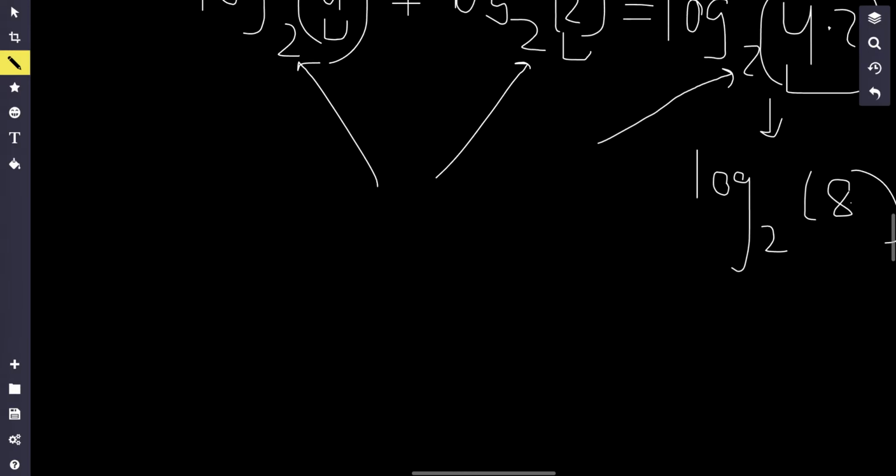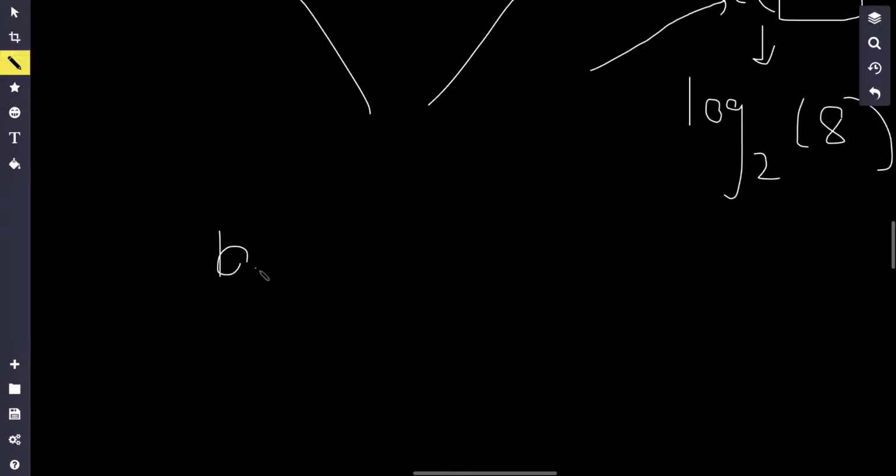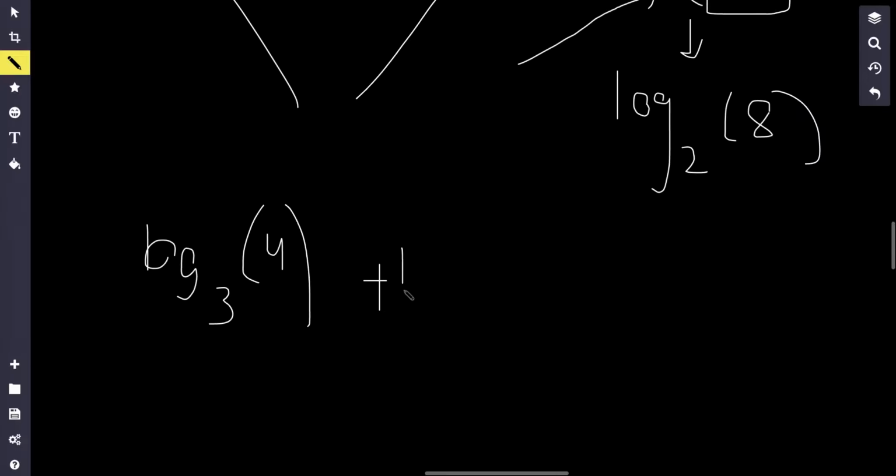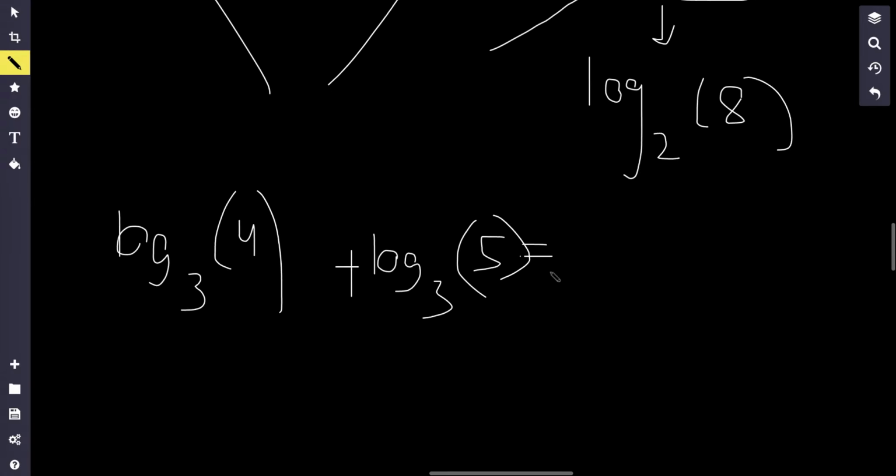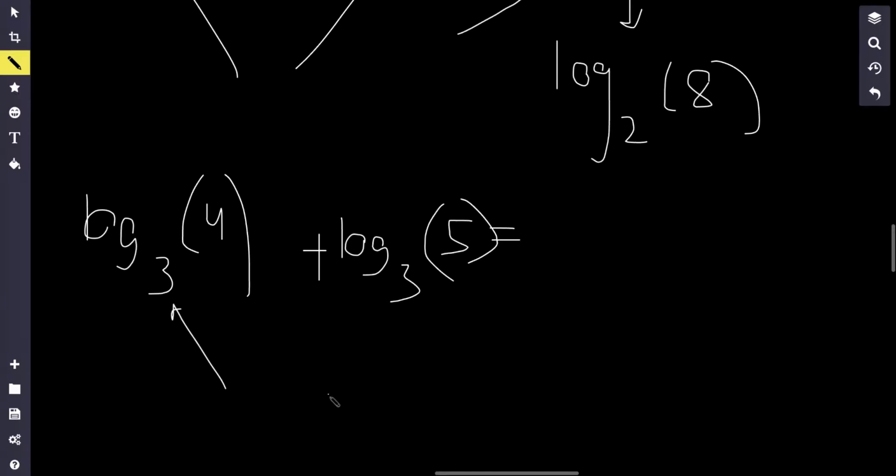Let's do another one. Let's see if we have log base 3 of, I don't know, let's see, 4, and you add this to log base 3 of 5. Well, because the bases of the logarithms are the same, you keep the base.